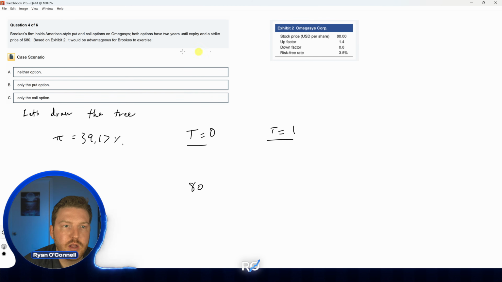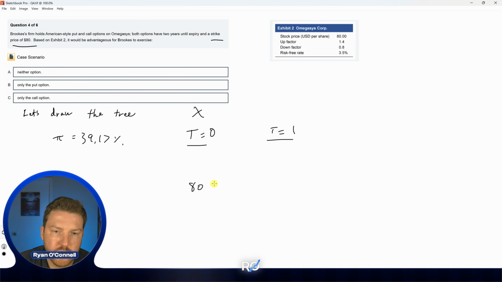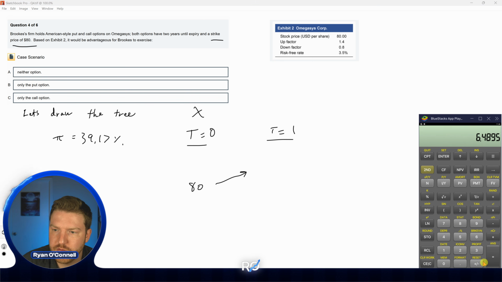So if the strike price is 80 and the current price is 80, we definitely wouldn't early exercise the put right now. There's no way, because we wouldn't be getting any payoff. You can't exercise it if it's at the money. So what would it go up to? I forget the up move off the top of my head, and to be honest, it doesn't really matter.